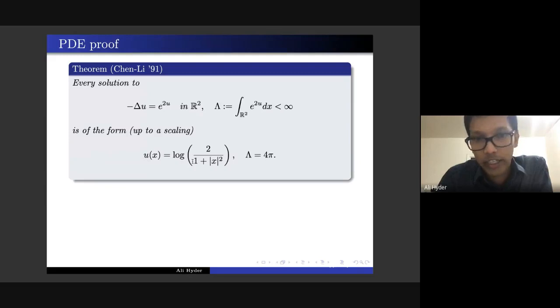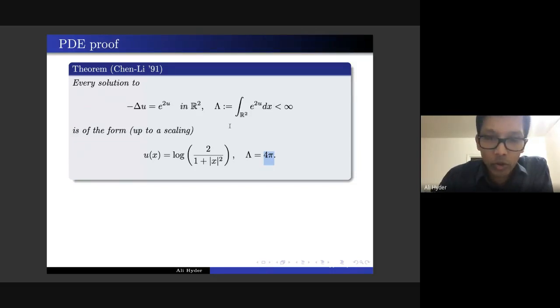Since these solutions are explicit, you can also compute this integral, and you will get that the value of lambda is exactly 4 pi. This value is quite important, and it will appear many times later. If you do a translation or dilation, all of those solutions would also satisfy lambda equals 4 pi.